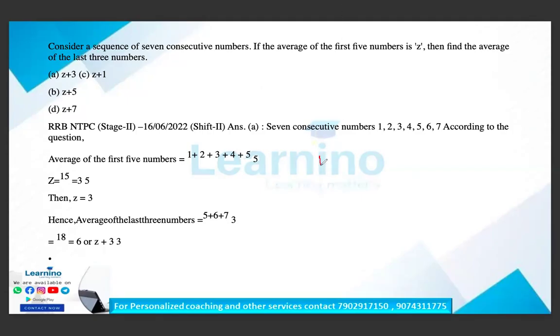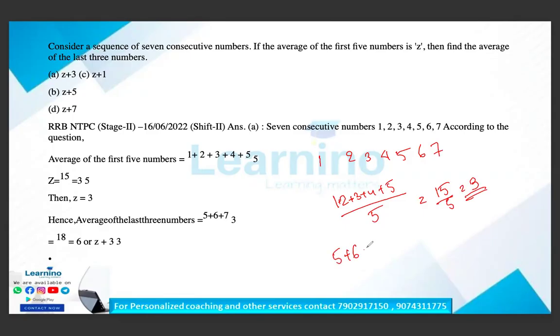7 consecutive numbers: 1, 2, 3, 4, 5, 6, 7. Average of the first 5 numbers: (1 + 2 + 3 + 4 + 5) divided by 5 equals 15 by 5, which is 3.